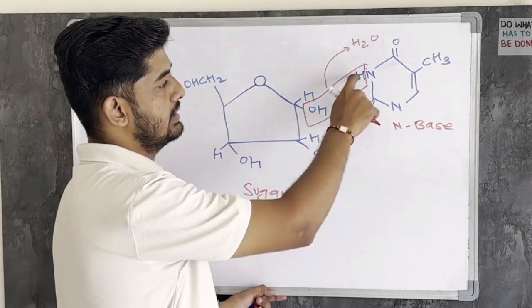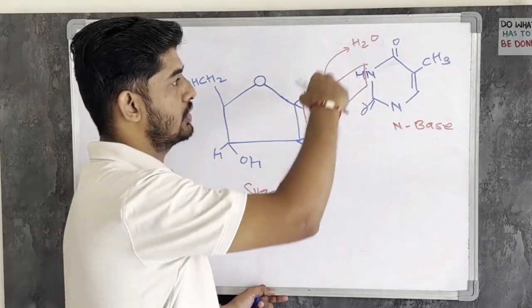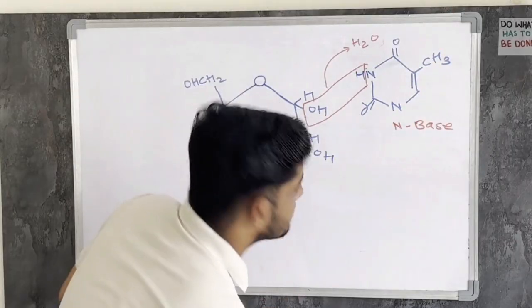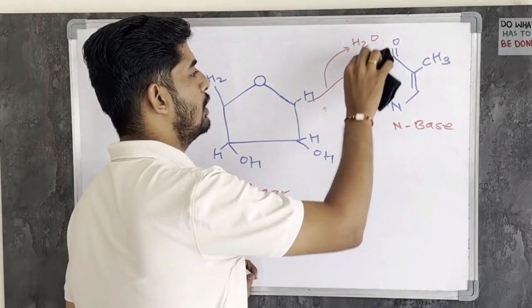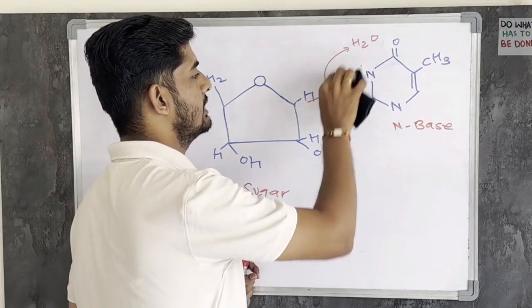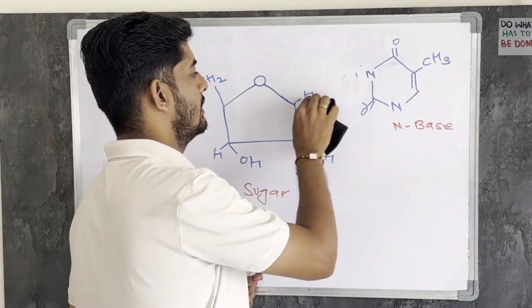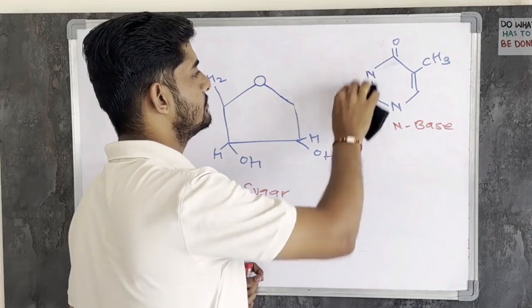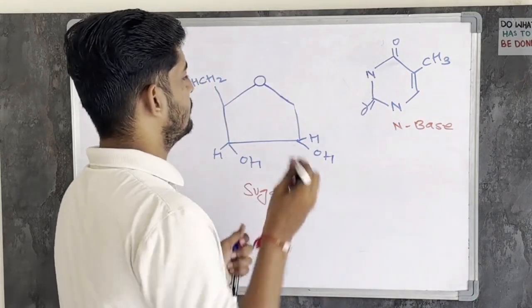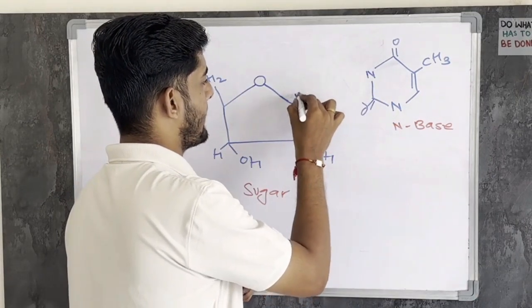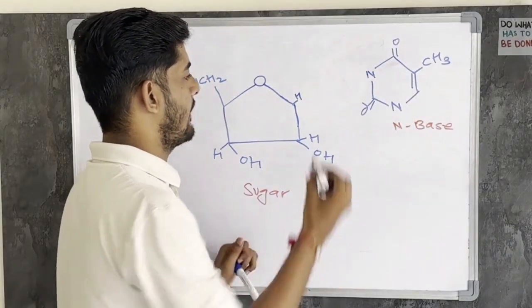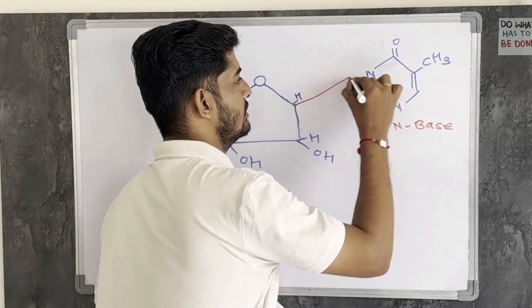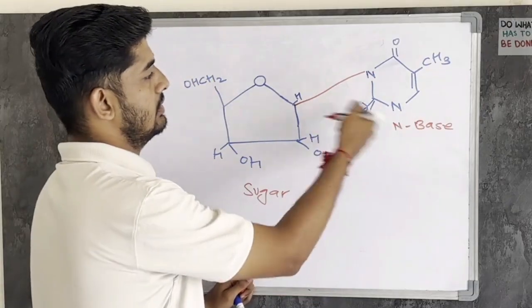This OH plus H will form H2O and the water will get released. After their release, the bond that is formed between the nitrogen base and sugar molecule, this is the bond that is formed between both.